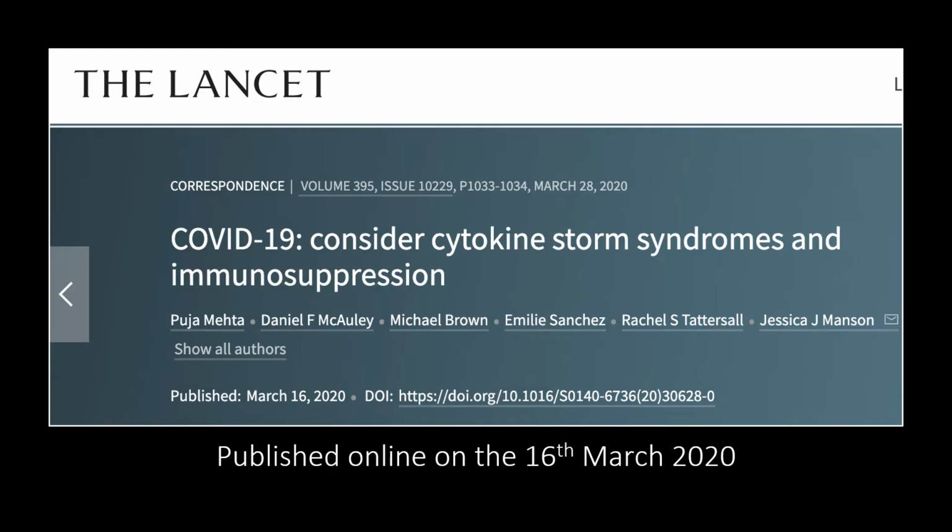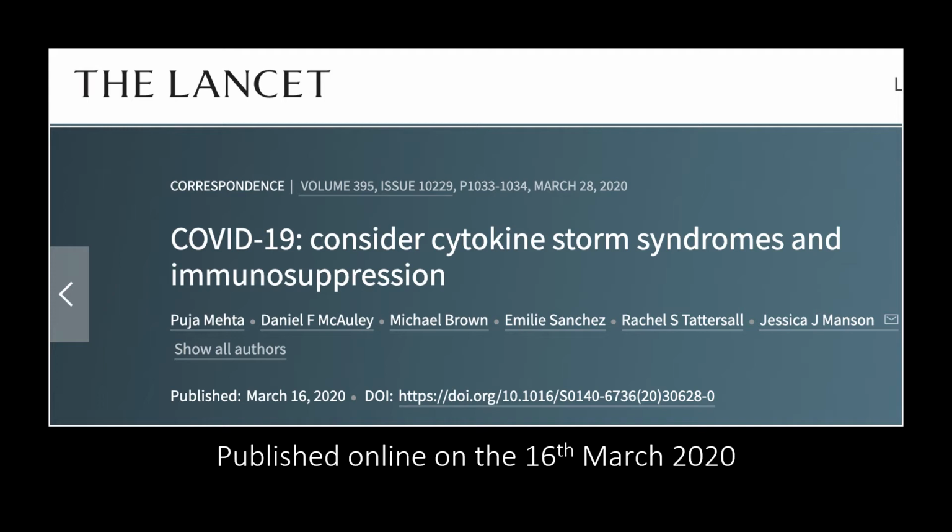As the first wave of the COVID-19 pandemic started to take foothold in Europe, there were reports of this viral infection causing a very dysregulated immune response, with significant elevation of inflammatory markers, causing a cytokine storm leading to secondary organ damage.